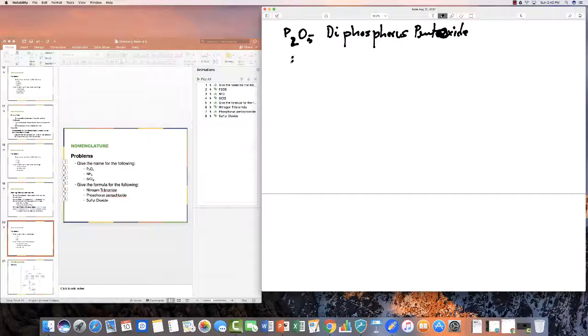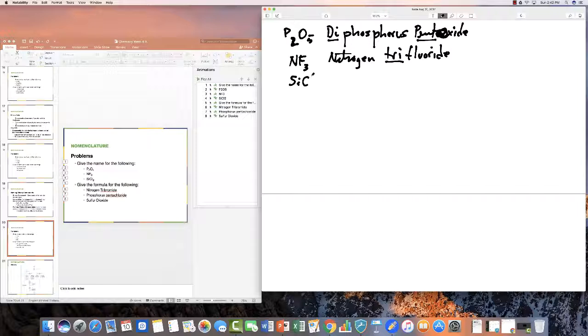The second one, NF3, is nitrogen trifluoride. Now you notice that these are situations where you're not ionic in nature. You're combining two nonmetals, nitrogen and fluorine, which are both on the right side of the periodic table and very close to each other. And that's when you have to use these prefixes, when you're dealing with compounds like that.